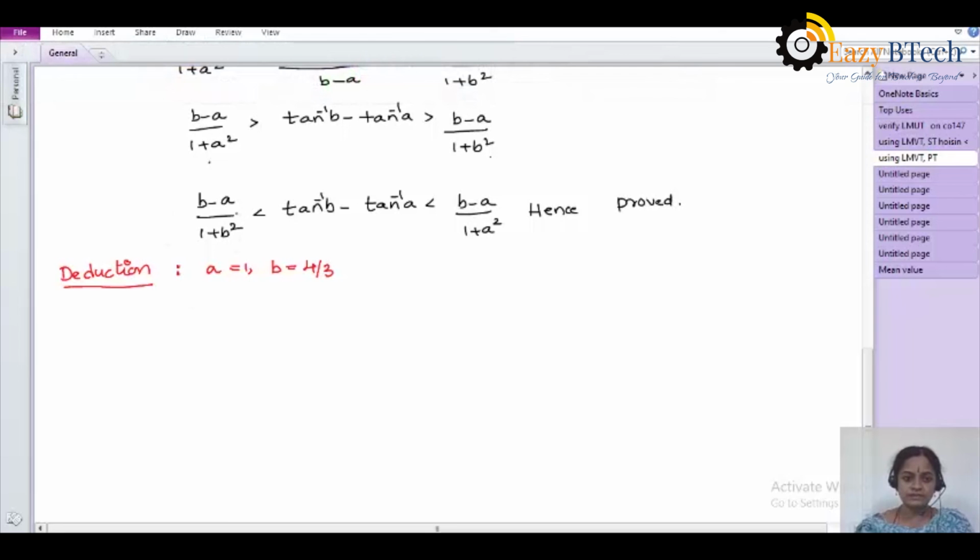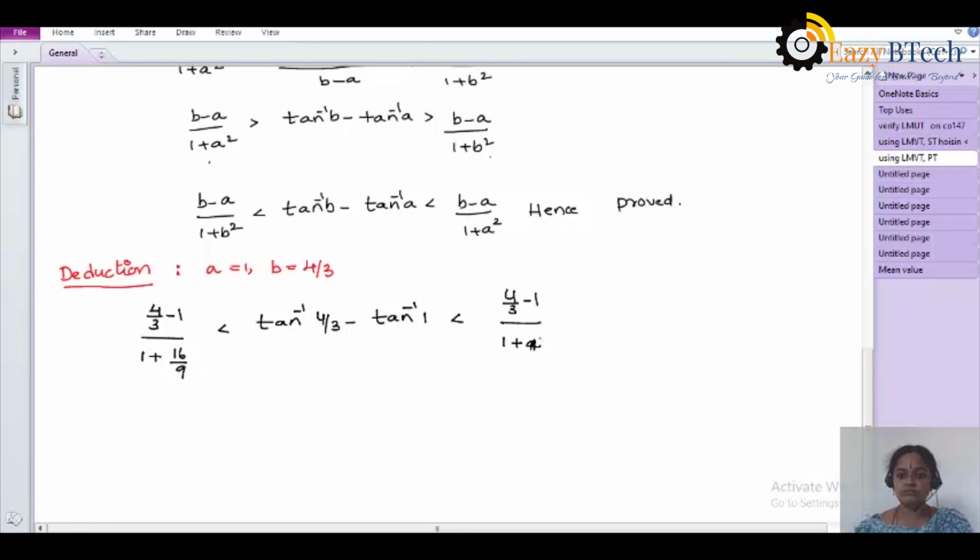So first, b - a is there. That means (4/3 - 1)/(1 + 16/9) < tan⁻¹(4/3) - tan⁻¹1 < (4/3 - 1)/(1 + 1²). Here a is 1.